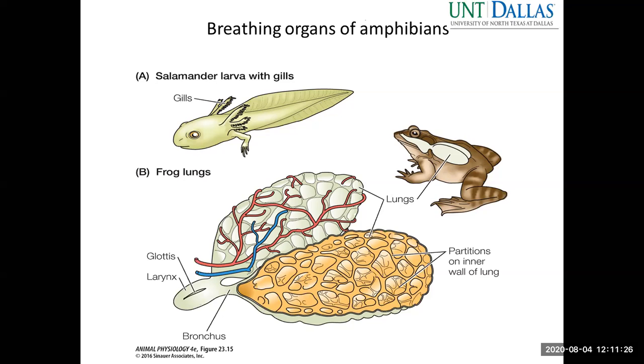They may be thrown into complex patterns of interconnected folds in multiple tiers, giving them a honeycombed appearance, as you can see here in figure B. Exhalation in a frog results in part from the elastic recoil of expanded lungs and may also be promoted by contraction of muscles in the walls of the lungs. So exhalation is described as having both passive and active components.